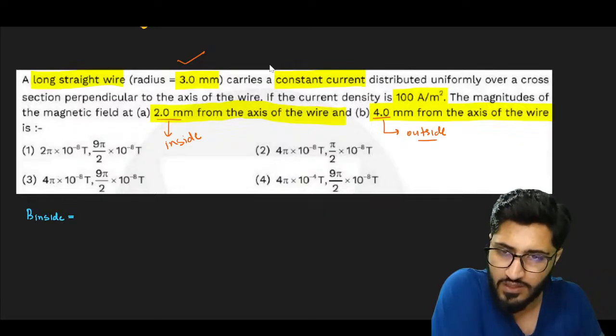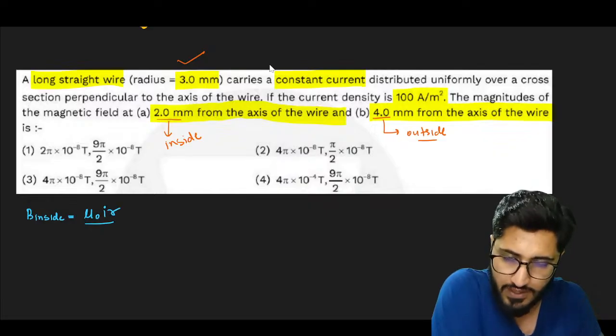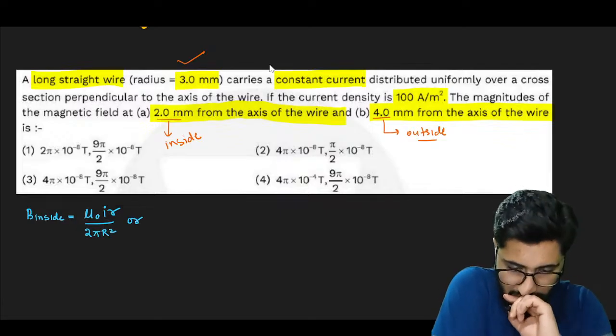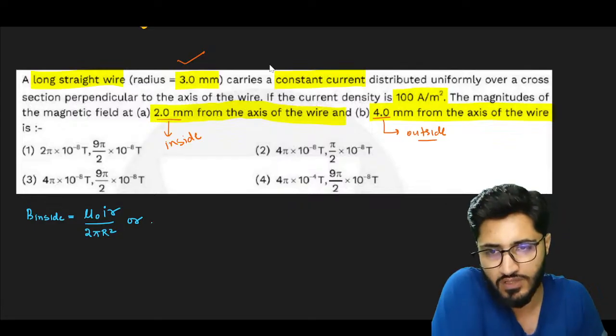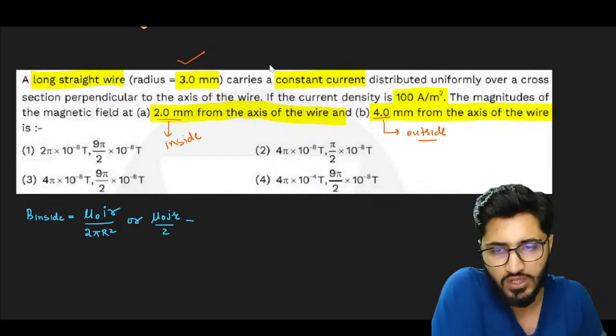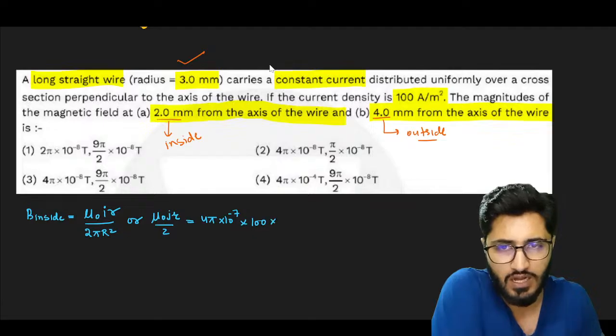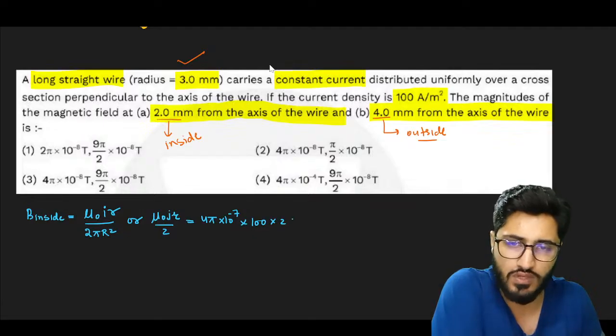Inside, it is mu naught I r divided by 2 pi r squared. Or in terms of current density, it is mu naught J r by 2. Mu naught is 4 pi 10 to the power minus 7, J is 100, r is 2 mm, meaning 10 to the power minus 3 meter, whole divided by 2.